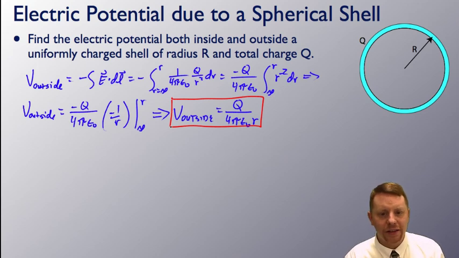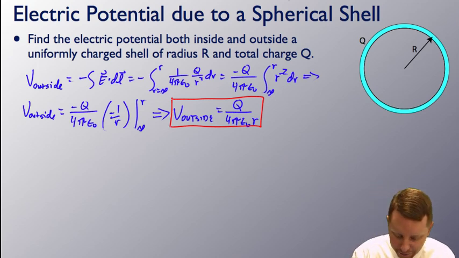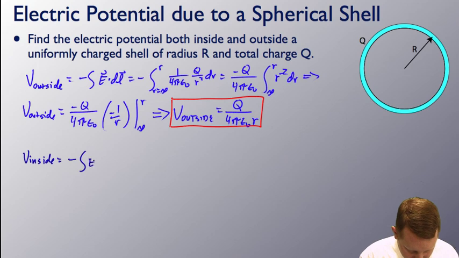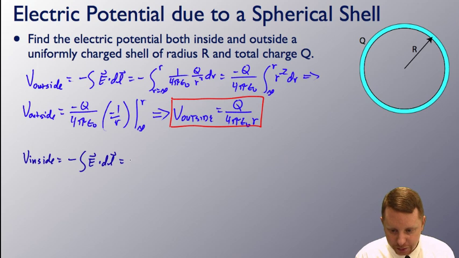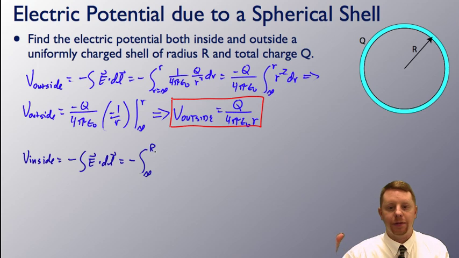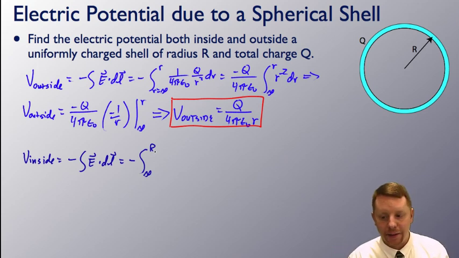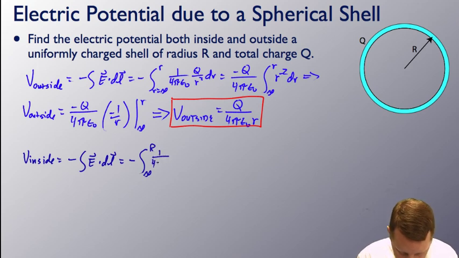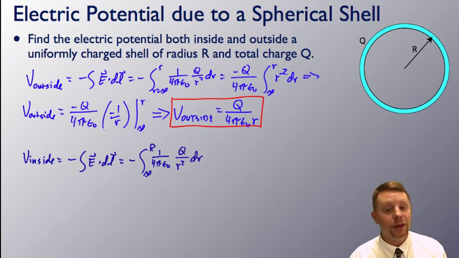All right, but how about inside? Well, let's take the same path. The potential inside is also the opposite of the integral of E dot dl, which in this case is going to be minus the integral from infinity to capital R. So we're going to integrate from a long way away up until we get to capital R, the radius of the shell, of 1 over 4 pi epsilon naught q over r squared dr. That should be extremely familiar now.